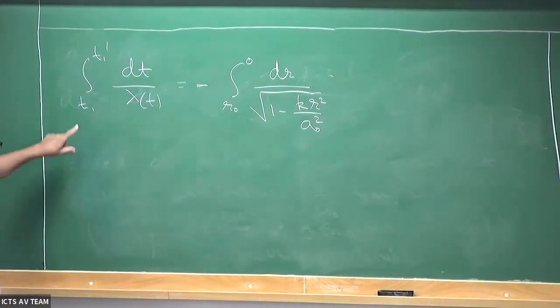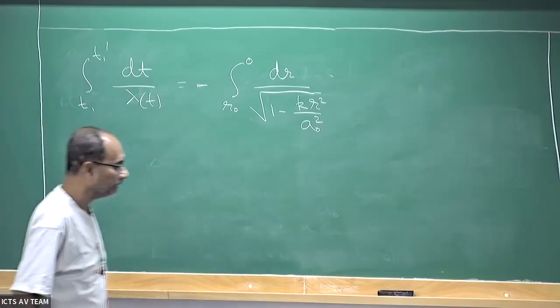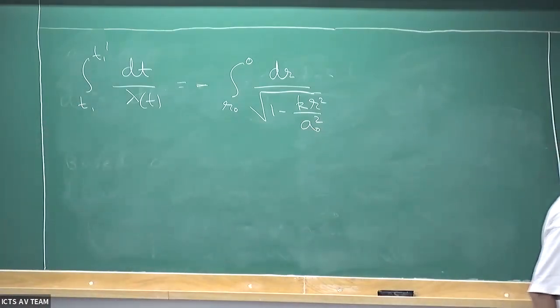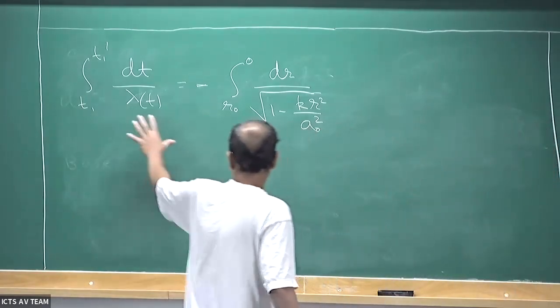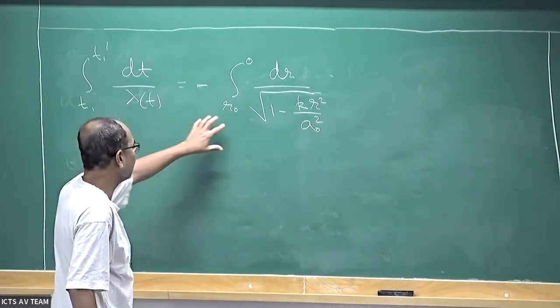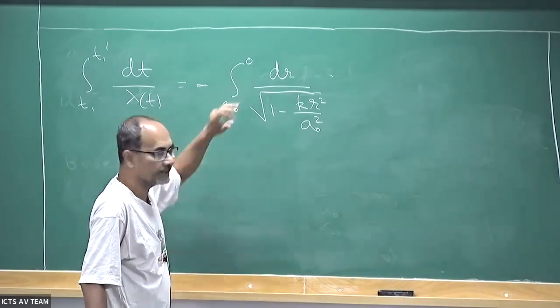Because it starts at t1 and reaches at t1 prime. Look at the geometry. The left hand side is integrated from t1 to t1 prime, the right hand side starts at r0 and reaches 0.